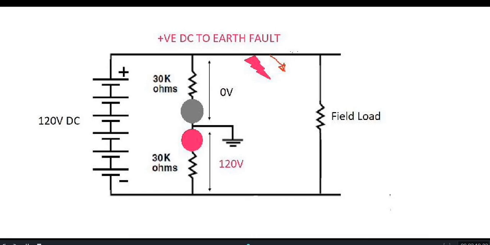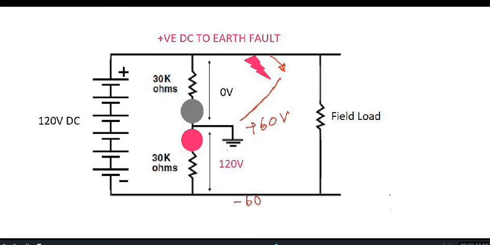So this potential becomes equal to this potential, that is, the earth becomes positive 60 volt and here it is negative 60 volt.